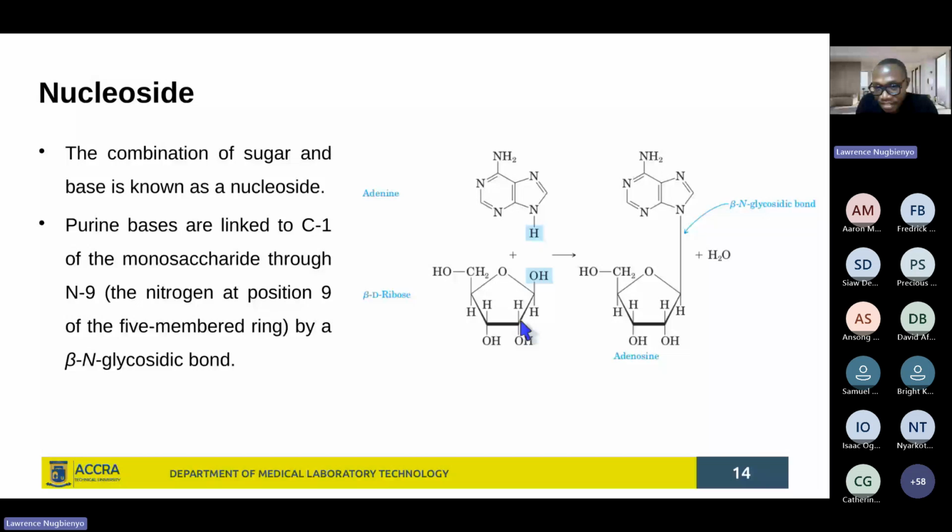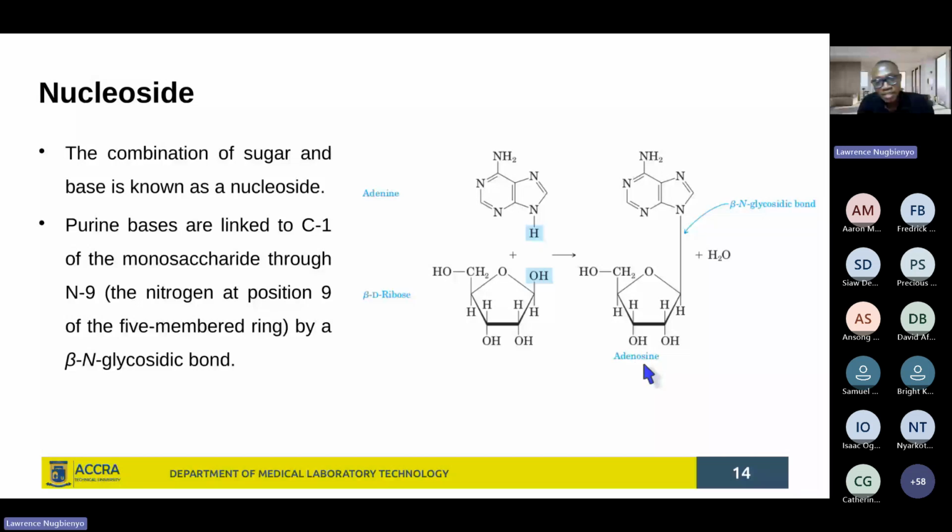And you see that the interaction between that hydrogen, which is shaded on the nitrogen of that adenine, is interacting with the hydroxyl group on carbon number 1 of the ribose to give you water. So water is given out, and you have what you refer to as a glycosidic bond forming between the ribose and the base. That we refer to as adenosine. That's adenosine.